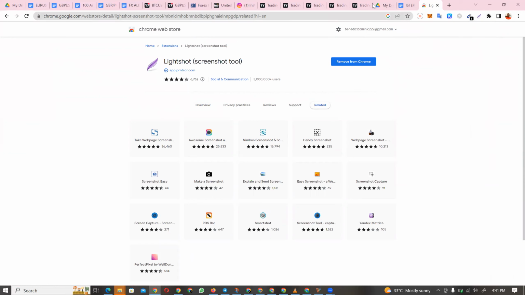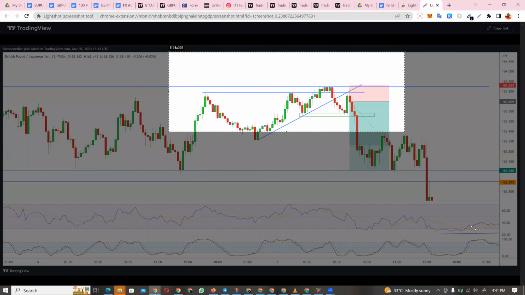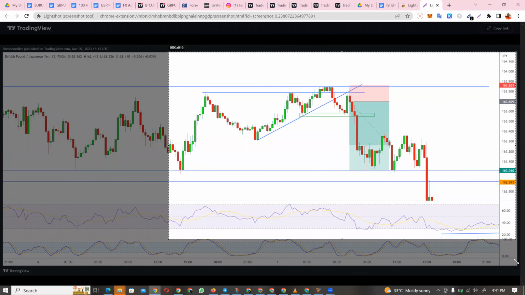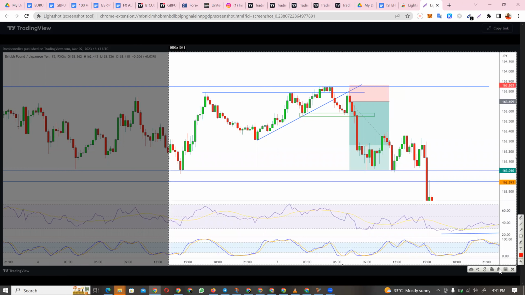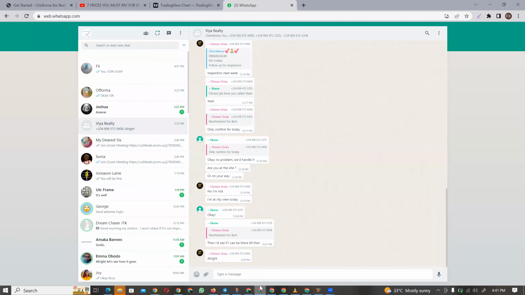If you want to do a screenshot, if I want to screenshot this now, maybe you don't have a good camera, you will just screenshot it. Once you screenshot it, you see this copy. You click on this copy. Maybe you want to send your chat to somebody, then you send it.